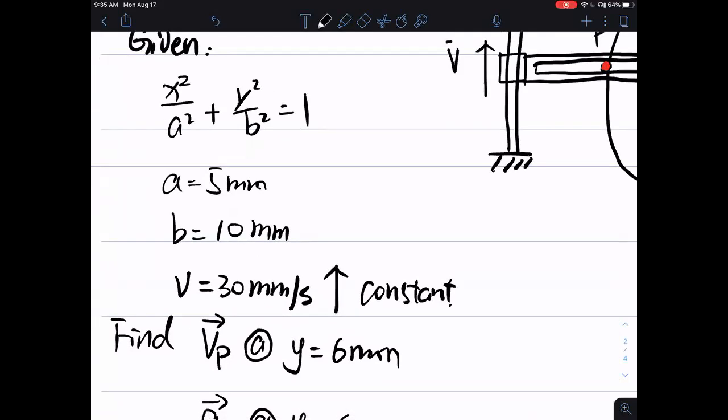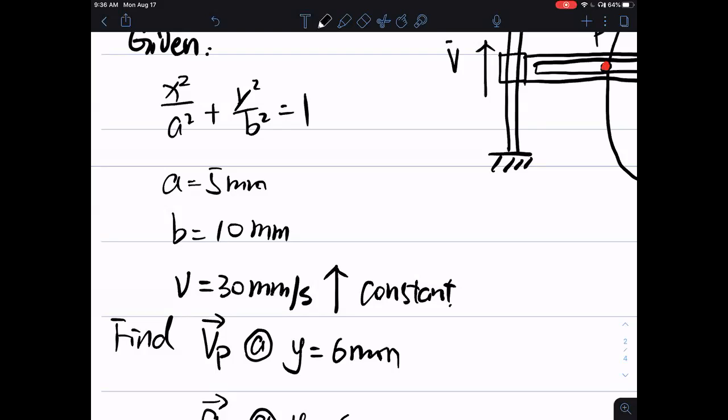Dot just means time derivative, right? So why not? Let's just take the time derivative of this whole expression, for both sides of the equation. A time derivative on this side and another time derivative on that side, and the equation still holds.